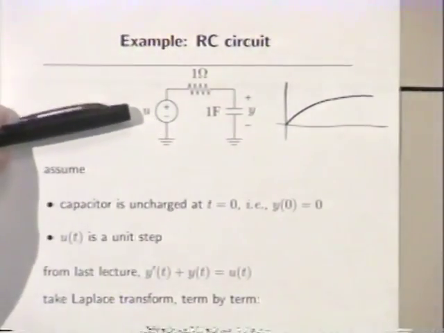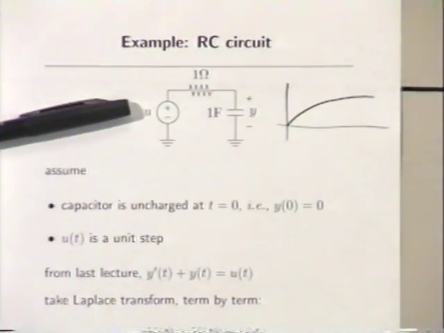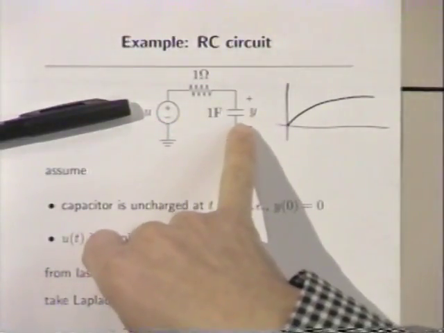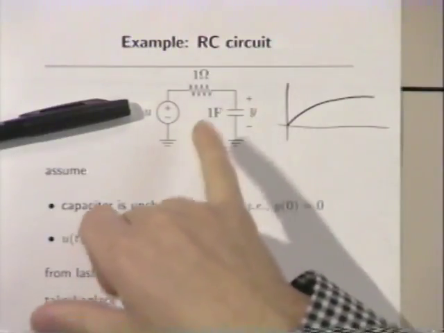Now you also know that this is an extremely important practical circuit, as simple as it is. This circuit, for example, is a simplified model of what happens inside an integrated circuit. This is one gate driving another gate. They might be separated by 50 microns.